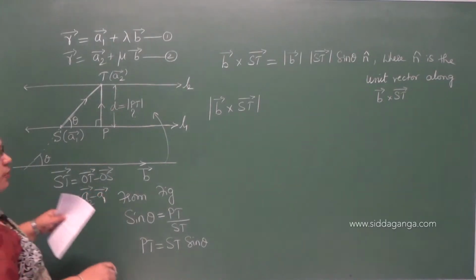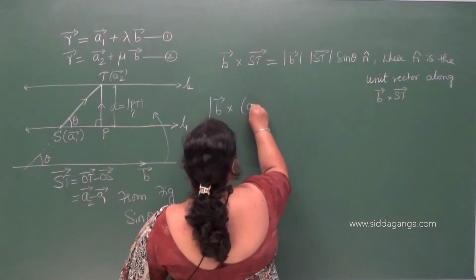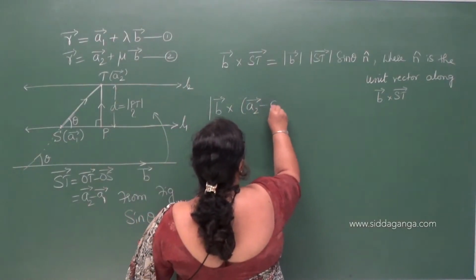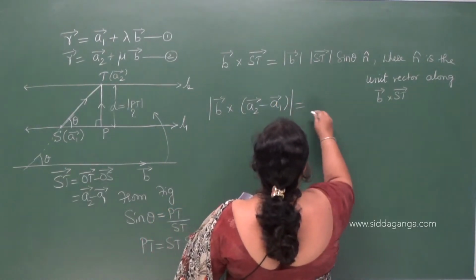So instead of vector ST, we can take vector A2 minus vector A1.